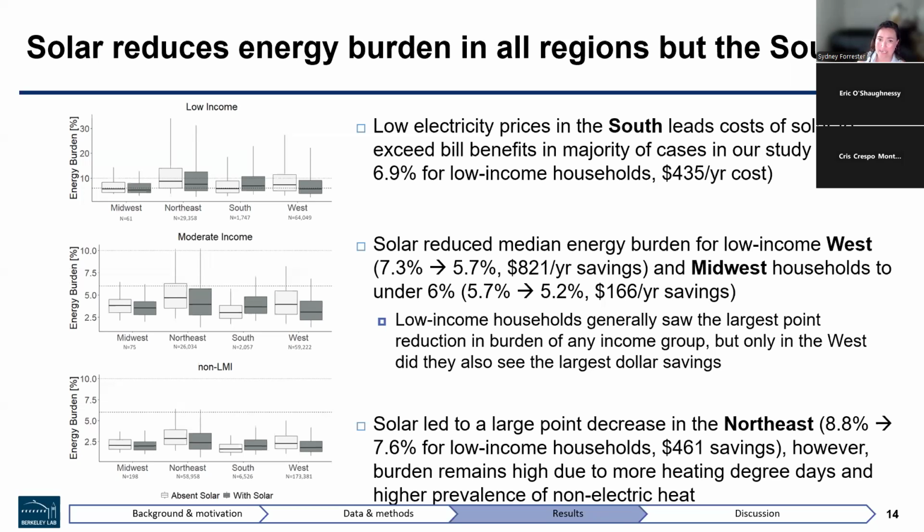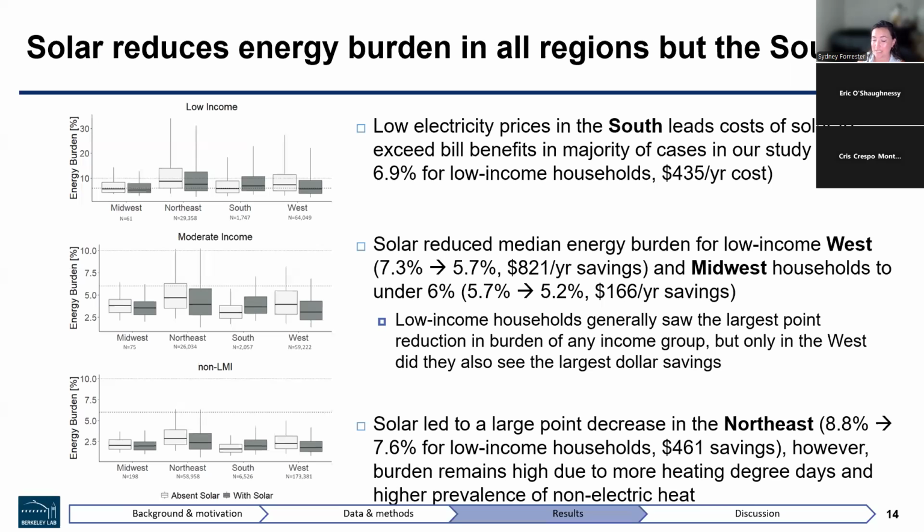The West is actually kind of notable just because I mentioned earlier that in the low income groups, you saw a larger percentage point decrease in energy burden, more so than the other income groups, but not necessarily a larger dollar reduction in costs compared to the other groups. The West is that one exception. So actually, the West was the only region in which the dollar savings in the low income group exceeded those in the other income groups.